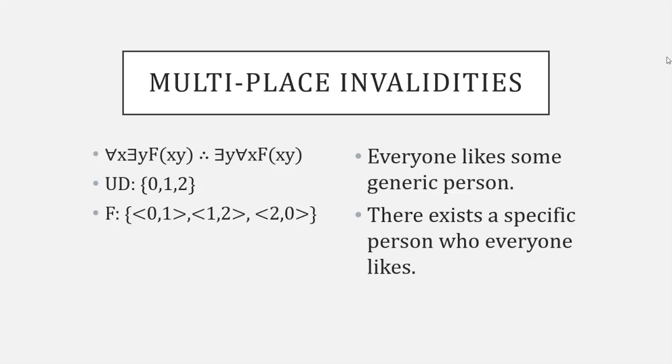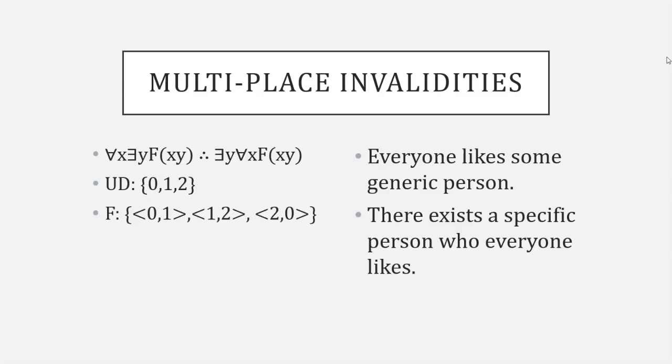That's just like before, when the F predicate was a one-place predicate that applied to 0 and 1 but maybe not 2, and we just wrote 0 and 1. Here, it applies to pairs of things, and we've picked out 3 pairs that I think make this argument invalid. Does it make this argument invalid?